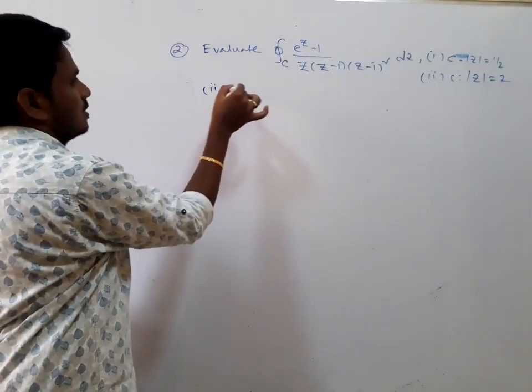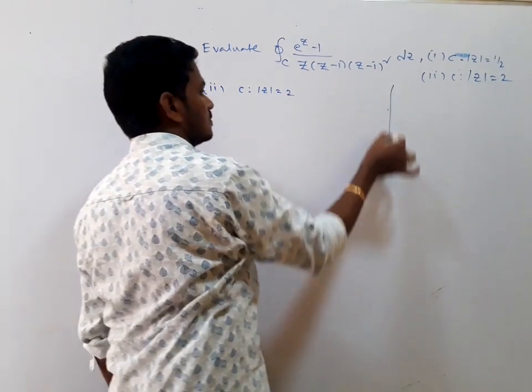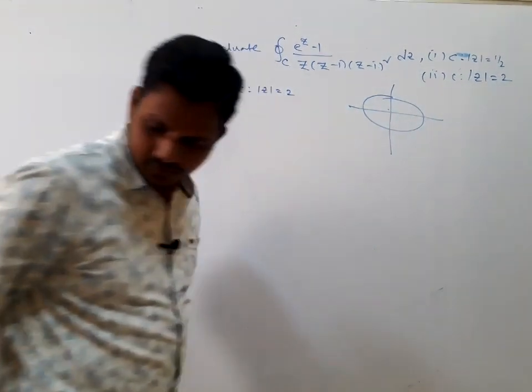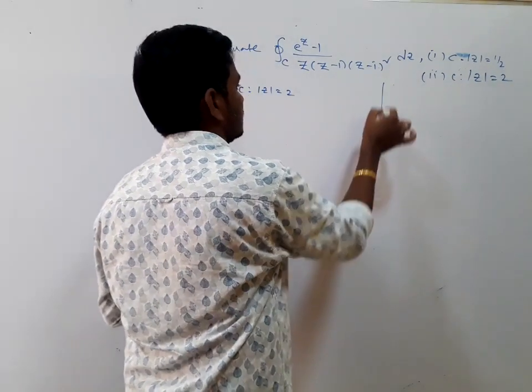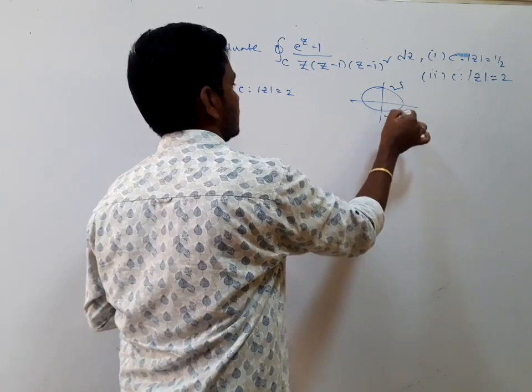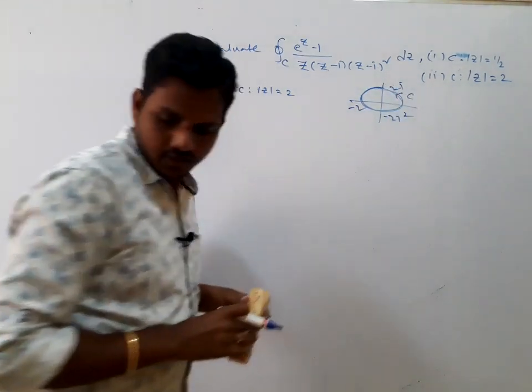Second one, C is mod z equals 2. This is the circle, right?